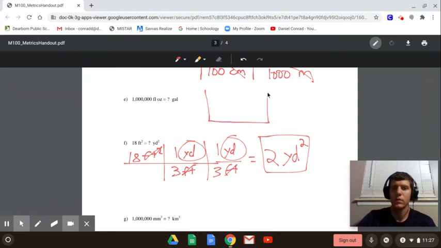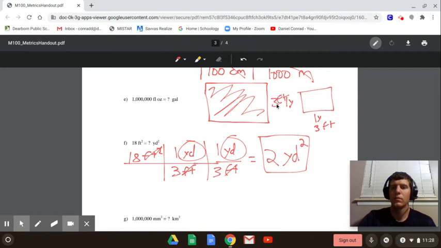Right, so if we imagine 18 square feet in here, every yard, 1 yard by 1 yard, is the same as 3 feet by 3 feet. So that means in 1 square yard, 1 yard squared, there's going to be 9 feet squared. All right, and we could have done that instead here.